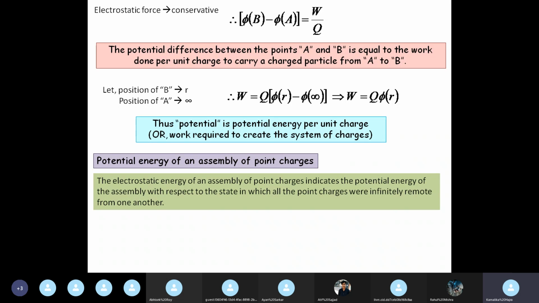So with respect to what are we calculating? When the charges were nowhere near each other, they were infinitely away from each other. From there, they are being brought together to sit near each other. Then they form a group. Initially, they were all away from each other.